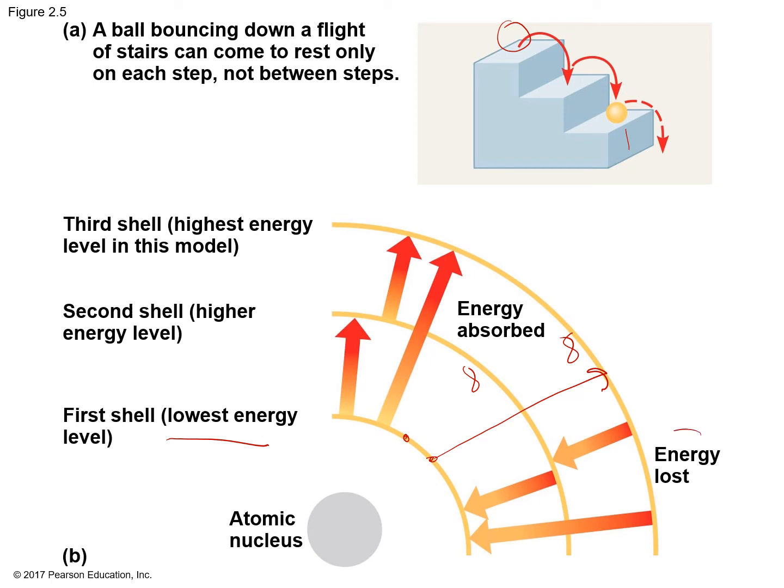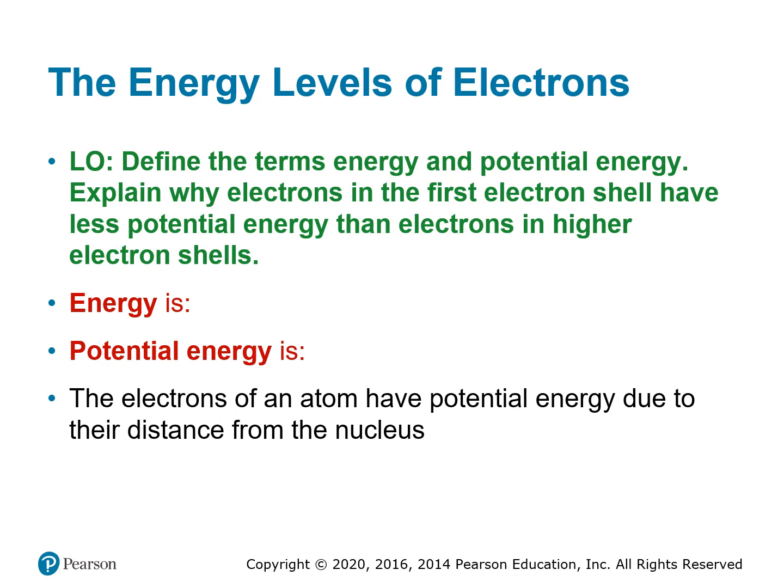And when that happens, they release energy. So we'll go through this in a lot more detail in our cellular respiration and photosynthesis chapters. But essentially, life is just an electron looking for a place to land. And so photosynthesis moves electrons away from an atomic nucleus, and cellular respiration moves electrons back.